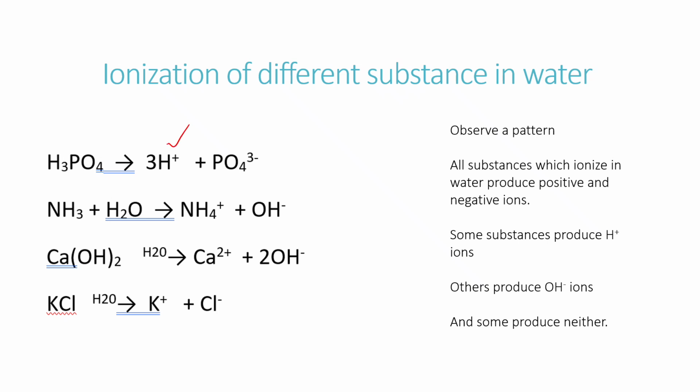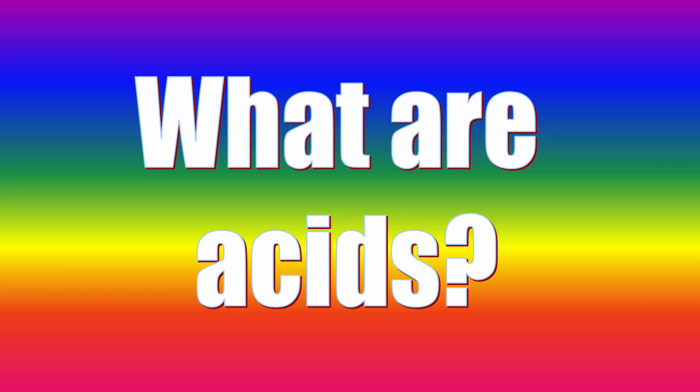In other cases, you have an OH minus or more than one OH minus as one of the products. And in some cases, you neither have an H plus nor an OH minus. You will see later that it's the way substances ionize that allows us to classify them as acids, bases, or salts.